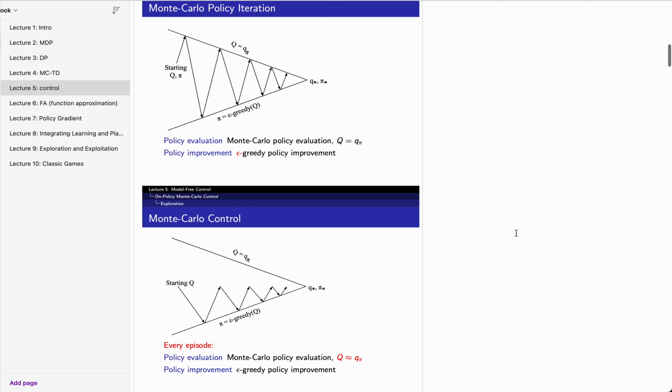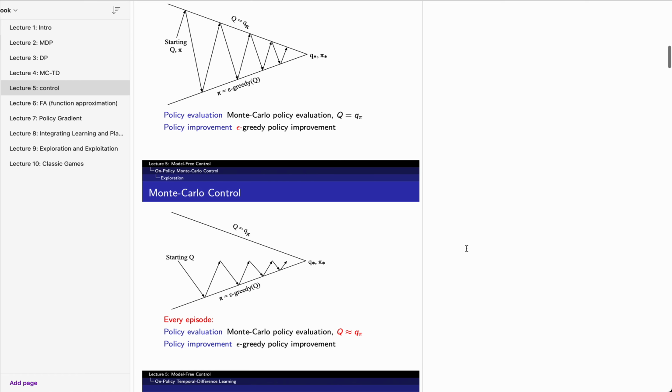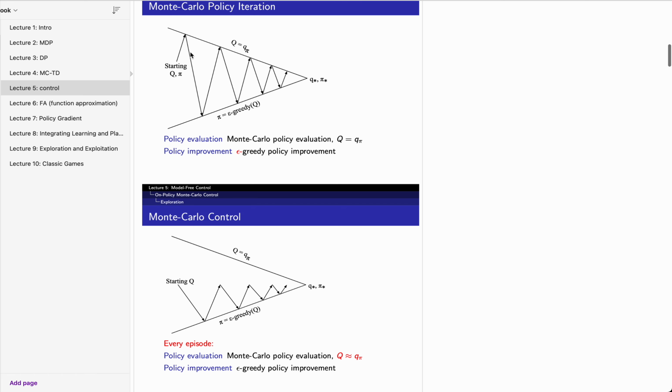Monte Carlo control: because you're sampling Q, you do not know the environment. It's model-free learning.